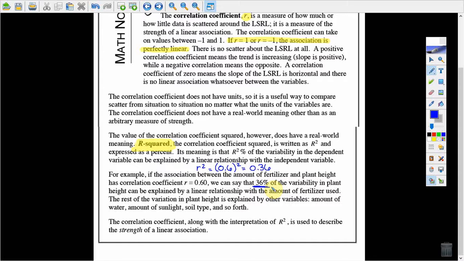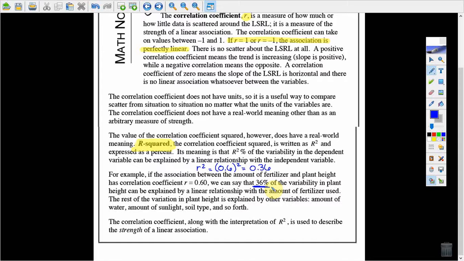So we can say that 36% of the variability in plant height can be explained by a linear relationship with the amount of fertilizer used. So in other words, the fertilizer used accounts for 36% of the variability of the plant.